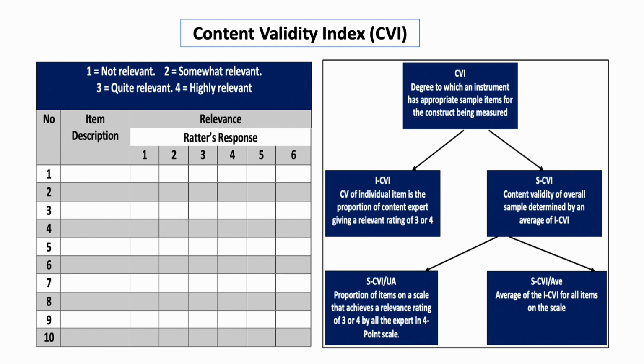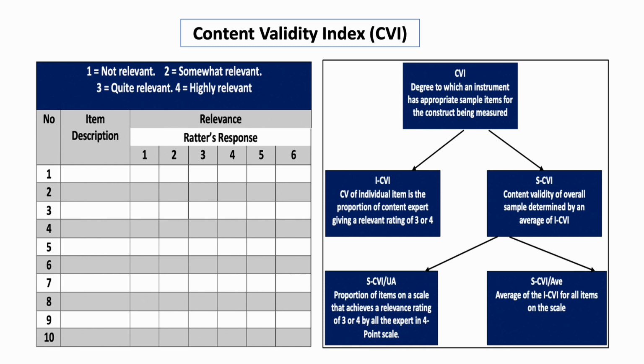So the ICVI, or individual content validity index, is the proportion of content experts giving a relevance rating of 3 or 4. So 3 or 4 is considered in agreement. So that will be taken down, and then I'll show you how, as I have already explained using data on an Excel sheet during the synchronous session, how this CVI, individual and sample, is calculated.